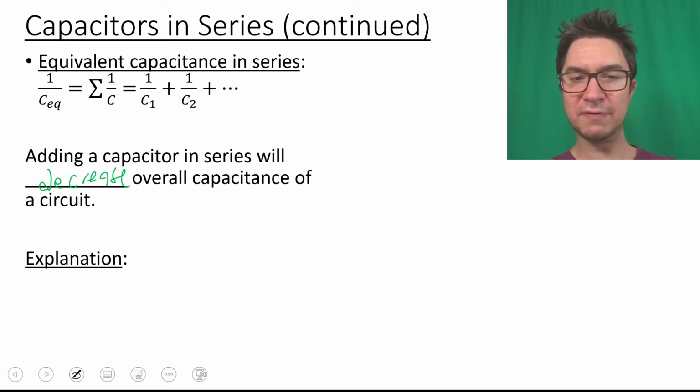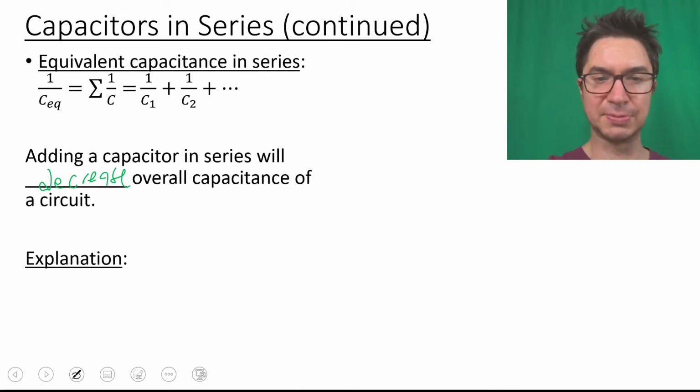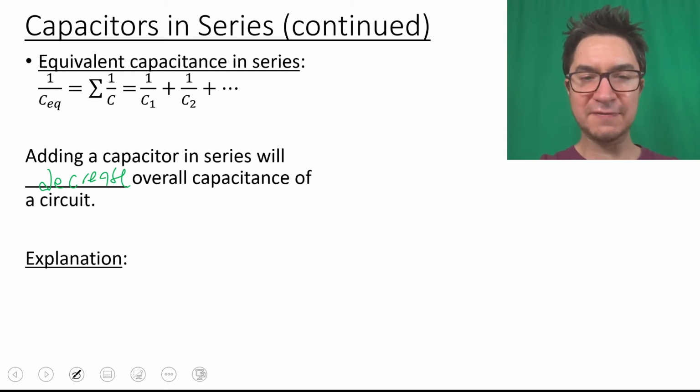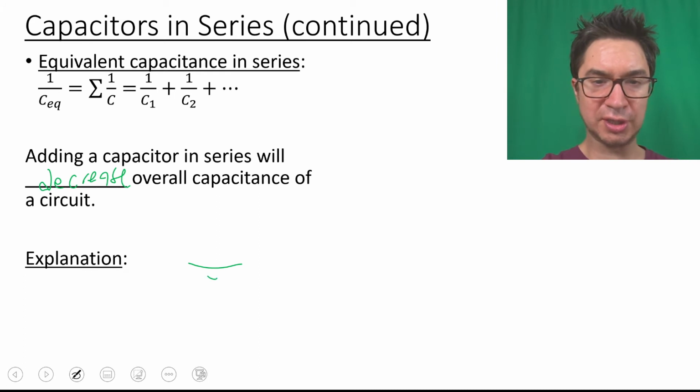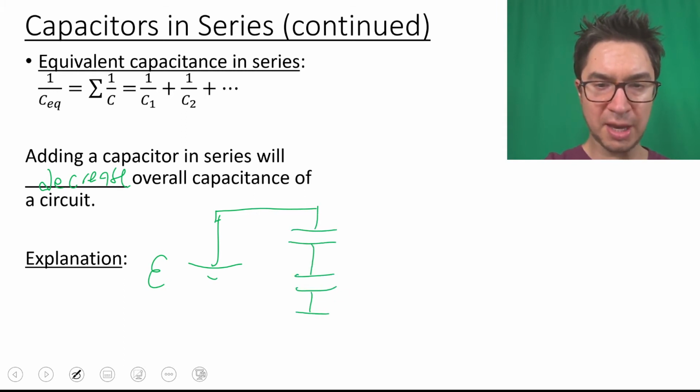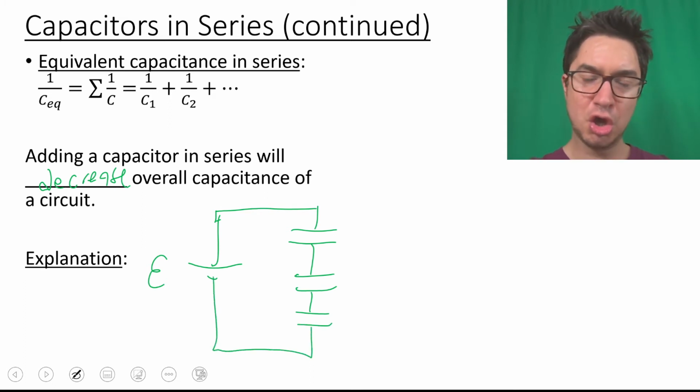What I'd like to do is provide an explanation for why that happens. Let's envision a capacitor circuit like this, where we've got our EMF here, a capacitor here, a capacitor here, and a capacitor here. So three capacitors in series.